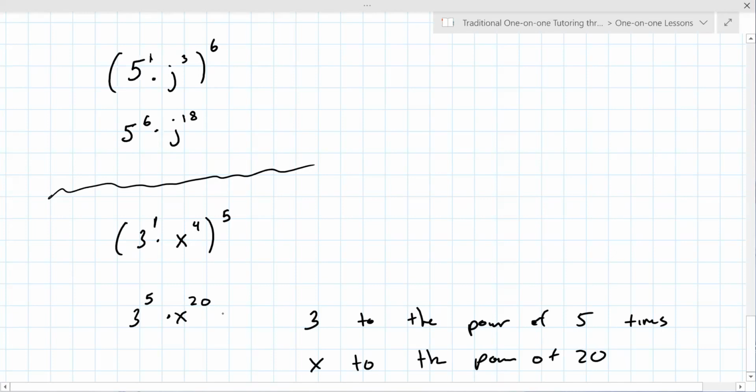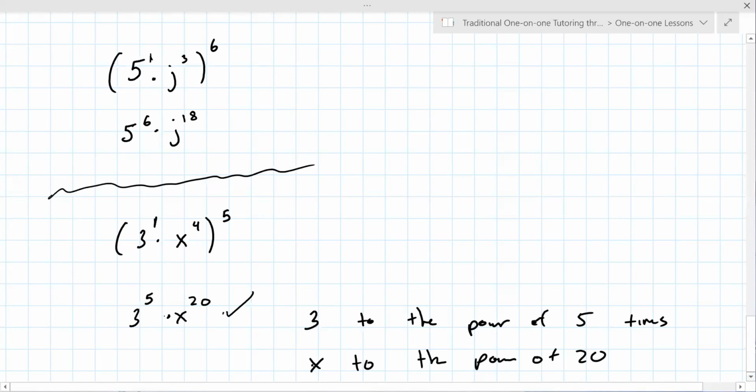I'm really glad you wrote that down. I just don't know how to say it. That's what I'm trying to help you with. It's 3, and then to the power of means exponent of 5 times x to the power of 20. You can also shorten this and just say 3 to the 5th times x to the 20th.